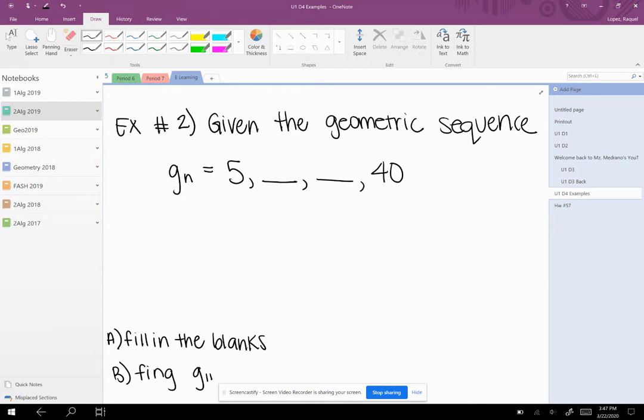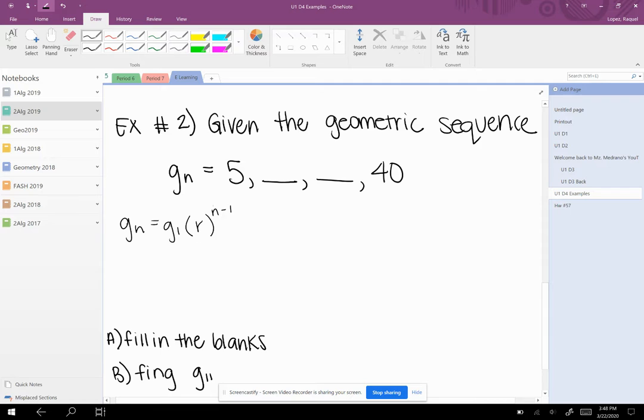So the first thing I want to do is just write down the structure that I'm going to use. So the general formula is G of n equals G sub 1 times r to the power of n minus 1. All right.